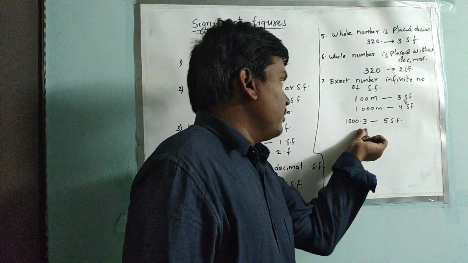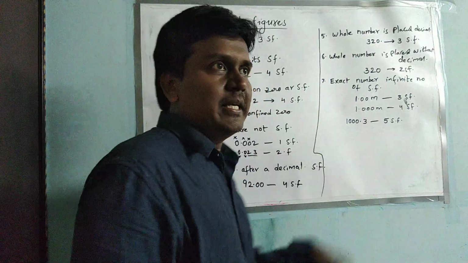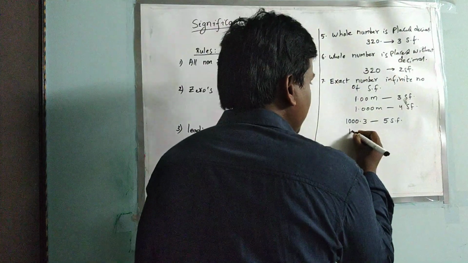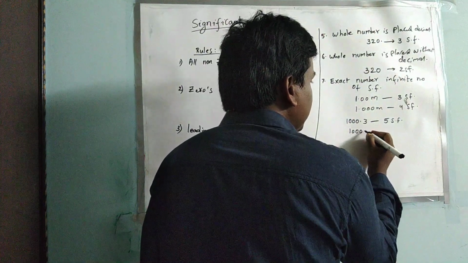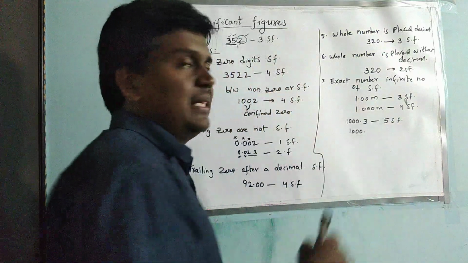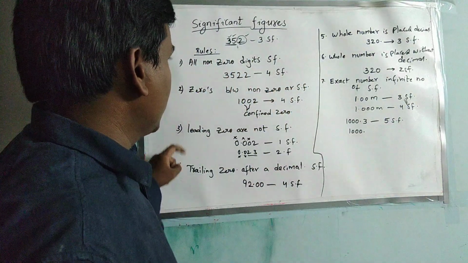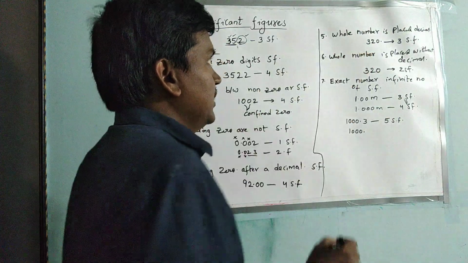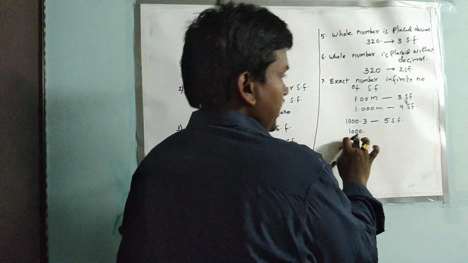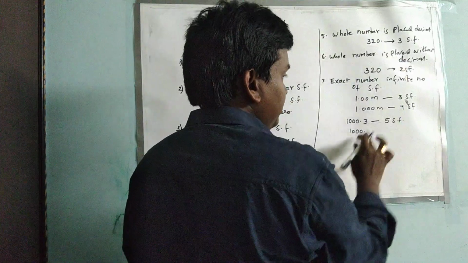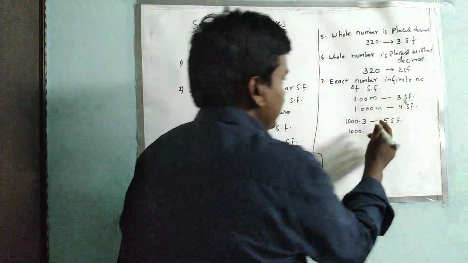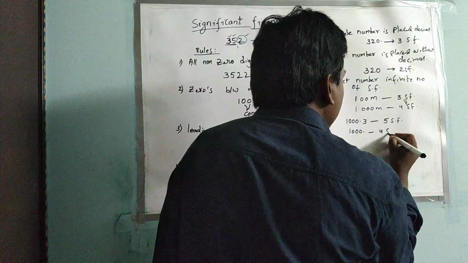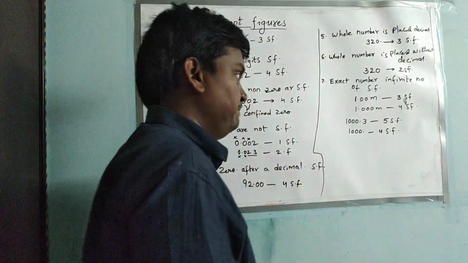If I omit this 3, what happens? It will be 1000. And if I place a decimal there, according to the whole number rule, 4 significant figures are here.